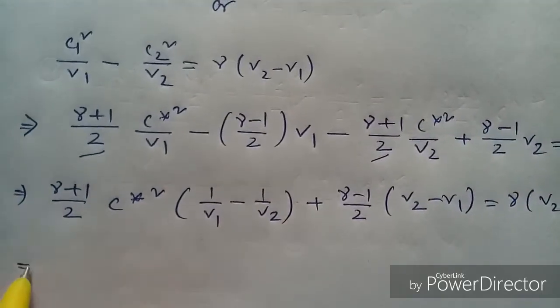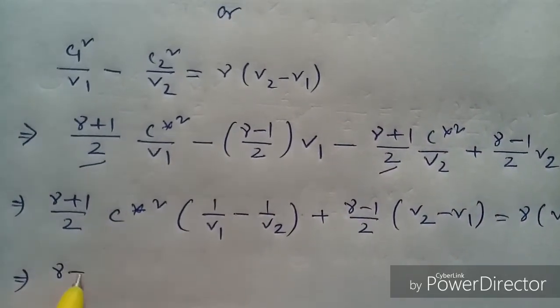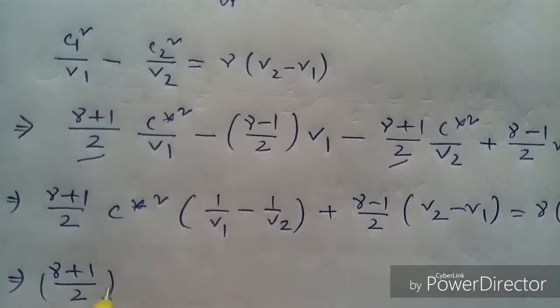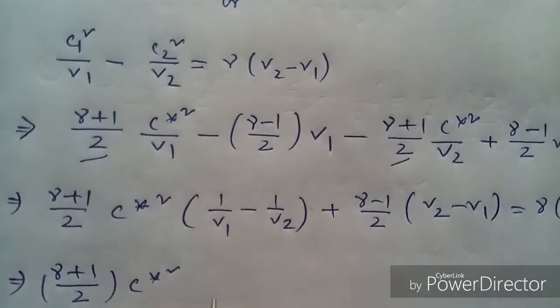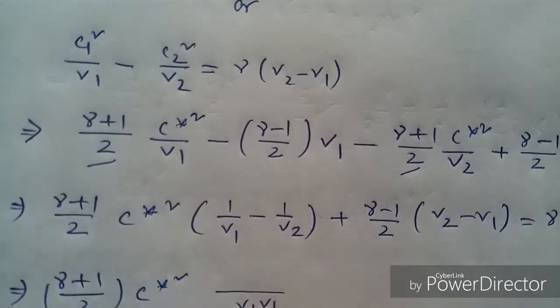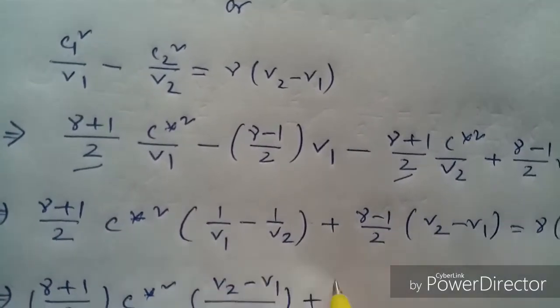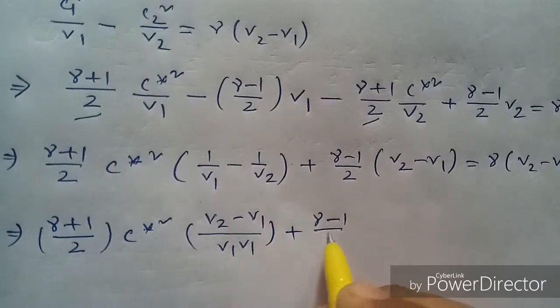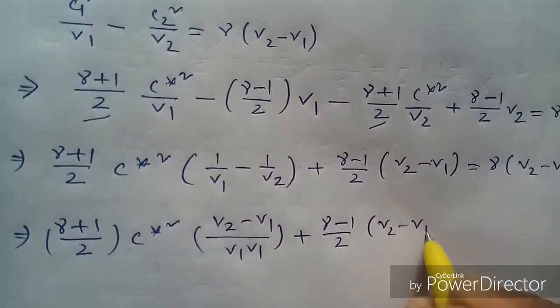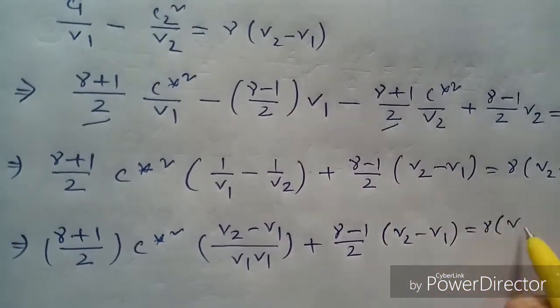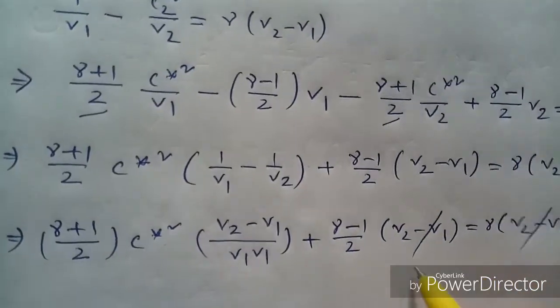Now (gamma plus 1) by 2 c star squared, taking LCM we will have (v2 minus v1) by v1 v2, plus (gamma minus 1) by 2 (v2 minus v1) equals gamma (v2 minus v1), so it will cancel out.